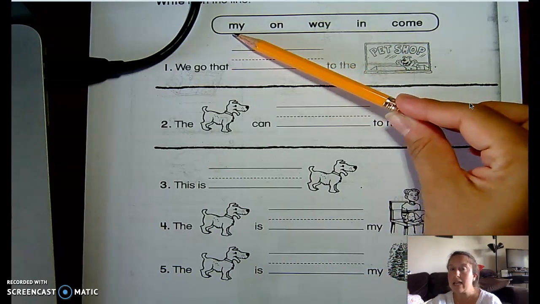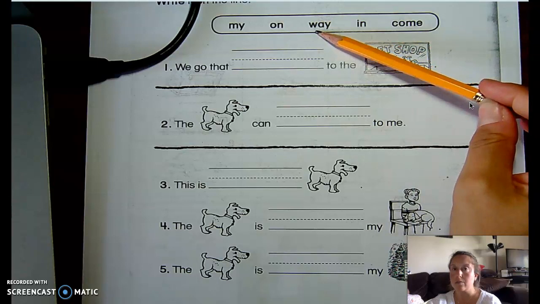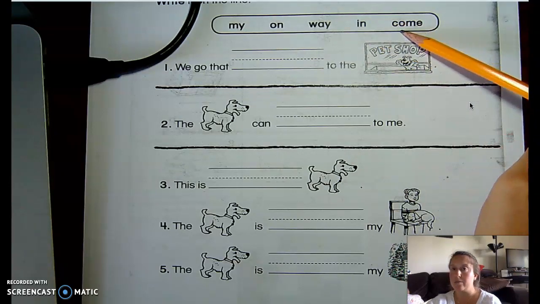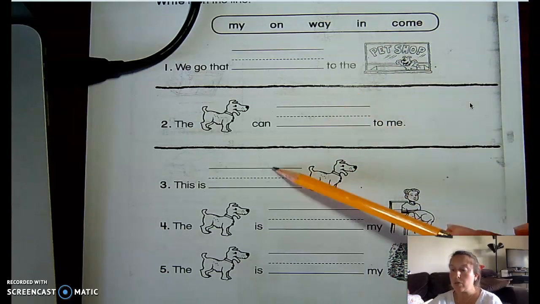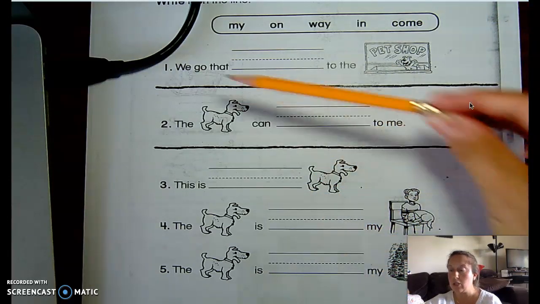Take a second, and as I point to them, read the option. My, on, way, in, come.